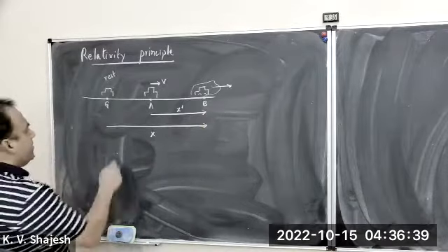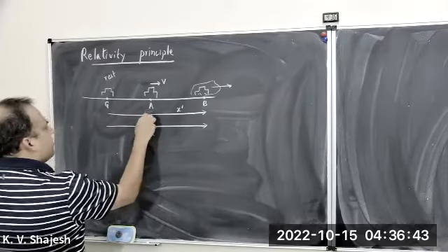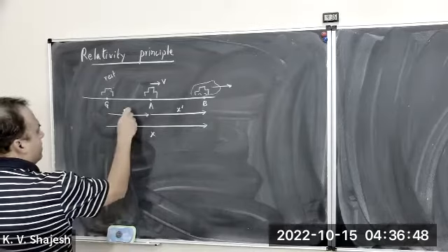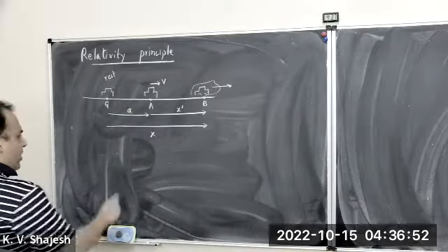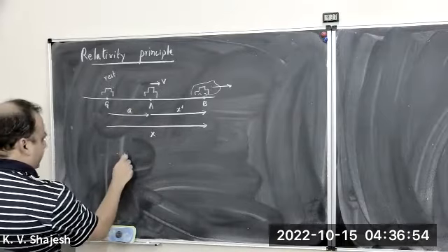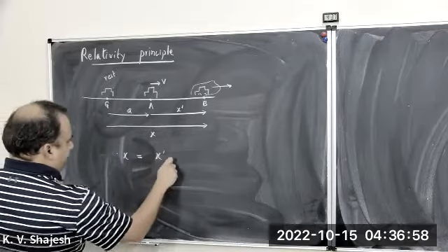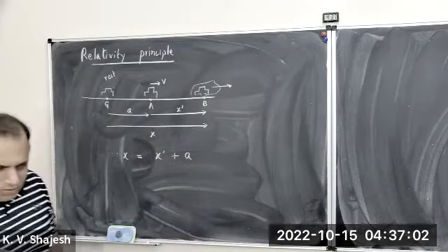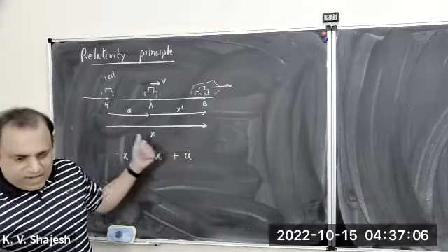And this distance, let's say, what should I call it? Let's say a, small a. The distances should add up, correct? So x is equal to x prime plus a. That should be very clear, right? Distances add.